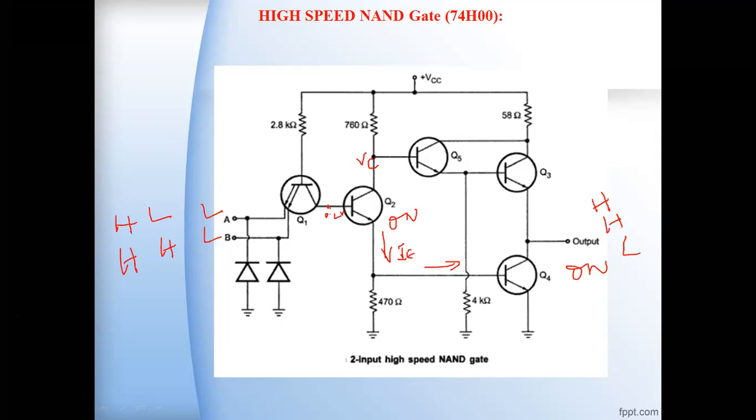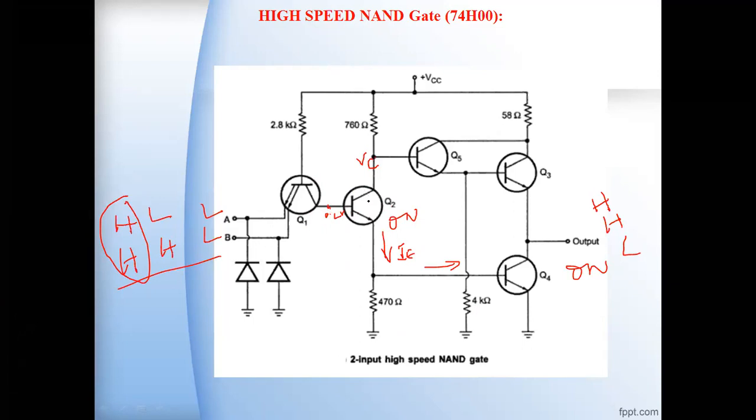Now see here, if you observe the circuit operation, when you apply logic high values to the inputs, the Q1 transistor is off. Therefore, because of VCC through this 2.8 kilo ohm resistor, there will be a voltage drop, and that will be available at the base of transistor Q2. That voltage will drive Q2 into the on state.